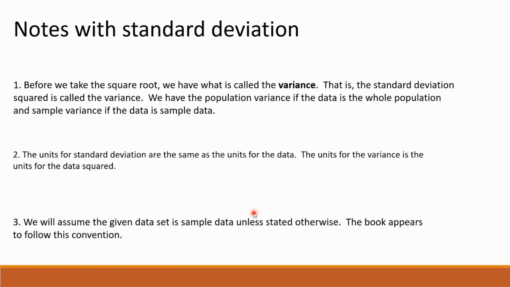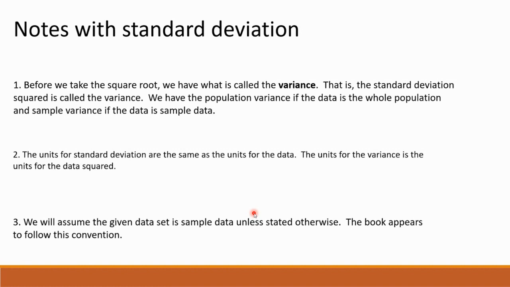What's nice about standard deviation, though, even though taking the square root can be kind of a pain, is that the units for it are the same as the units for the data set. The variance, however, the units are squared.